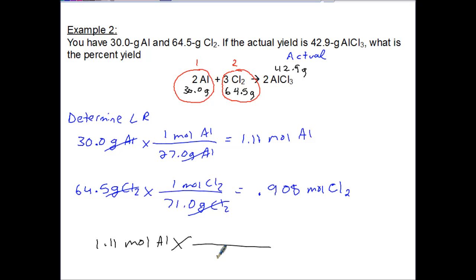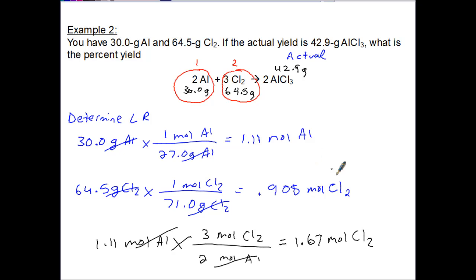It's a 2 to 3, so 3 moles of Cl2 on top, 2 moles of aluminum on the bottom. That cancels out. Multiply, take 1.11 times 3 divided by 2, and I should have 1.67 moles of Cl2.